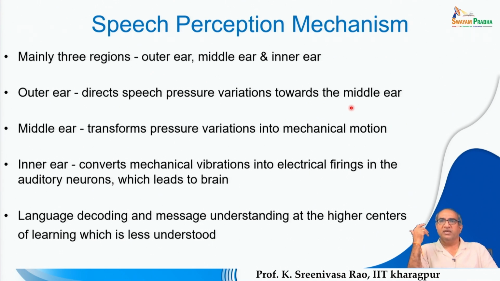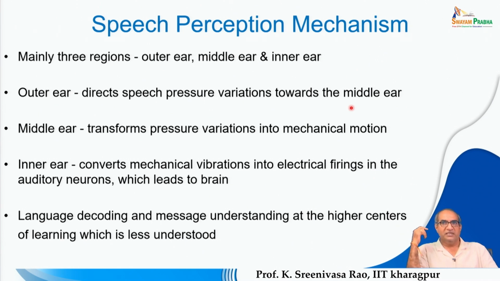Another very important thing is that the structure of the outer ear allows us to detect the directionality of sounds. Suppose somebody is calling you from behind, then immediately you will know that somebody is calling from behind. Suppose somebody is calling from somewhere in this corner, then immediately you can tell that a sound is arriving from that particular direction.